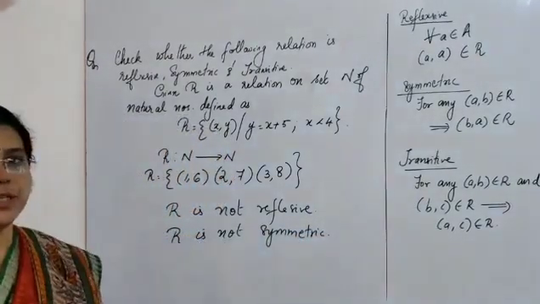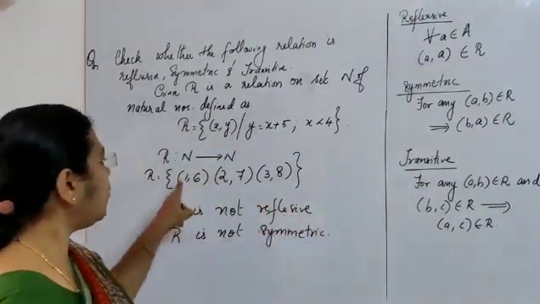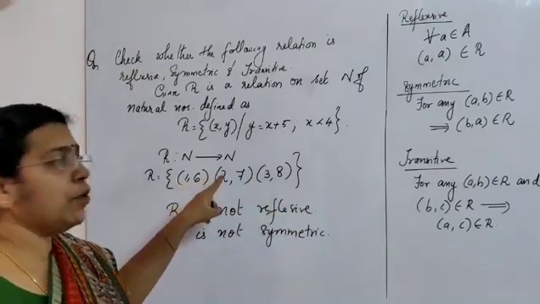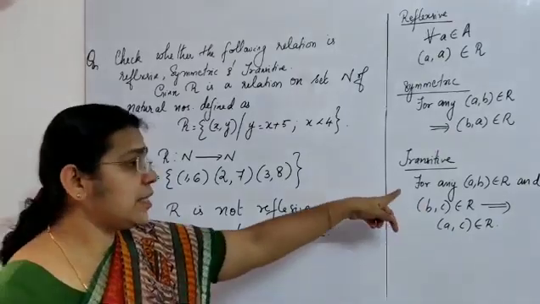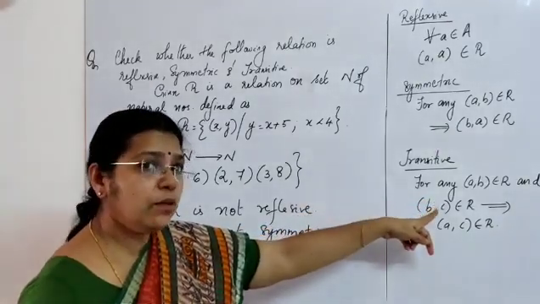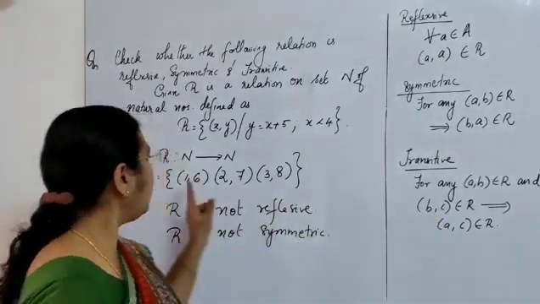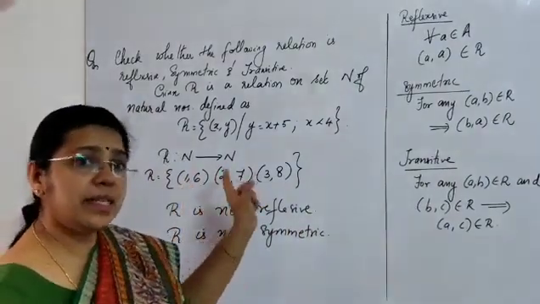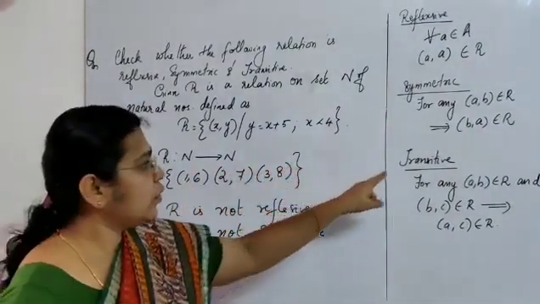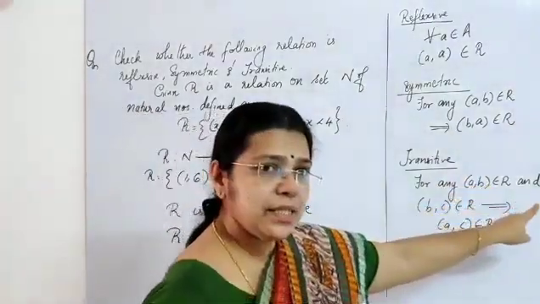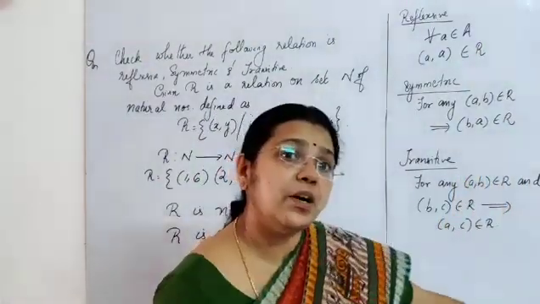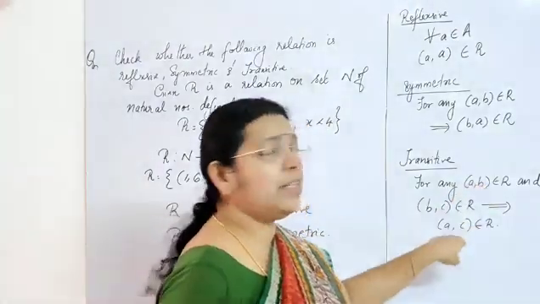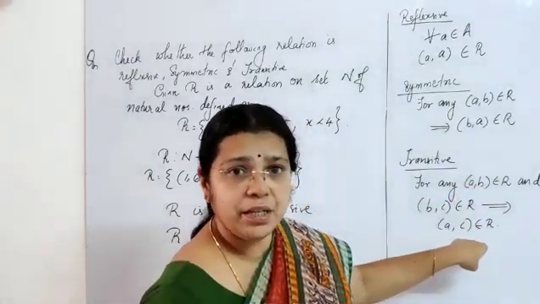Now coming to the next one, that is transitive. You have (1, 6). Do you have a 6 with another number? Is the condition of transitivity satisfied? No. You don't have a 6 with another number. The condition of transitivity is what? (a, b) belongs to the relation as well as (b, c) also belongs to the relation, then you should have (a, c) belonging to the relation.